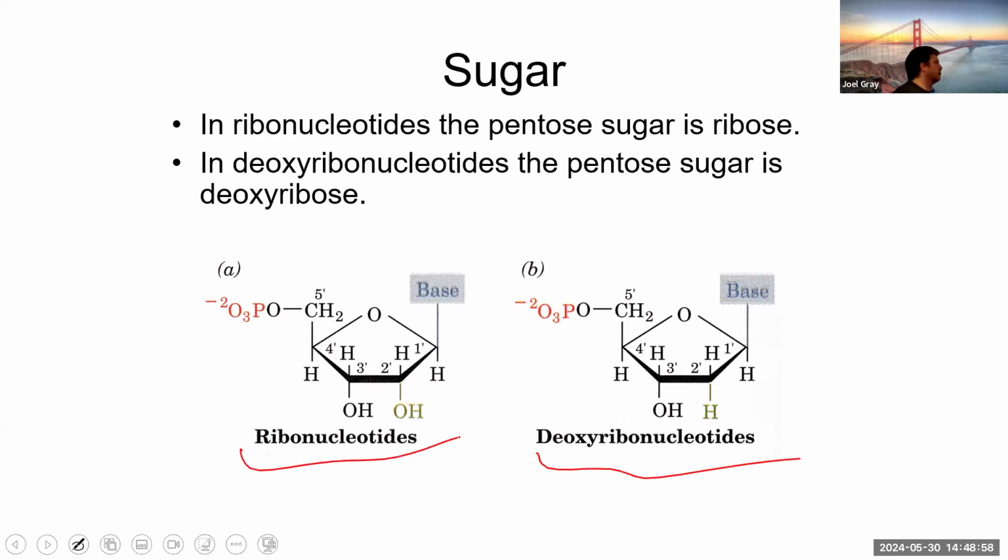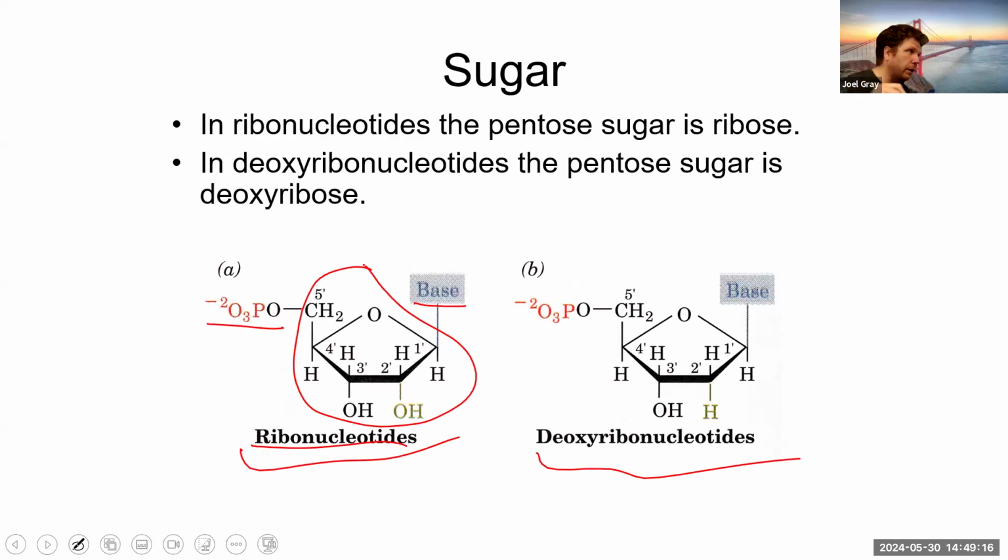Now, one of the things that I want to familiarize y'all with is the numbering scheme. A ribonucleotide has a base, a phosphate group, and a 5-carbon sugar. That 5-carbon sugar is ribose.